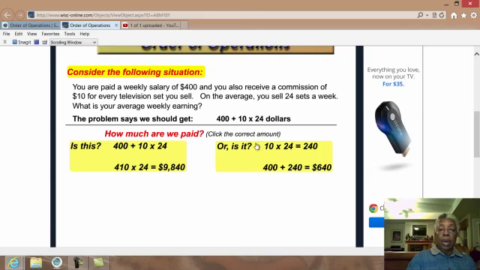Click the correct amount. Is this 400 plus 10 times 24? That's 410 times 24 equals what? $9,840. Or is it 10 times 24 equals 240 and 400 plus 240 equals 640?